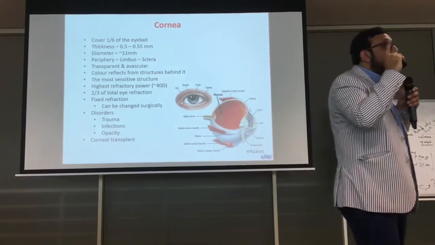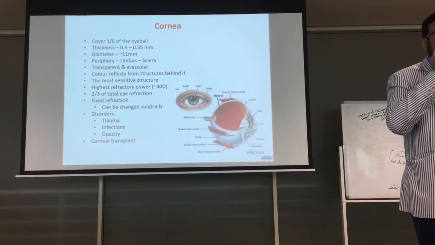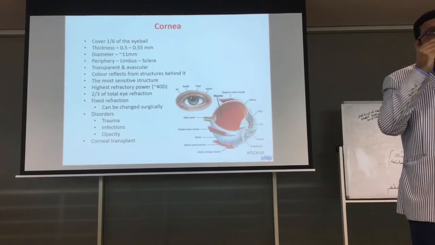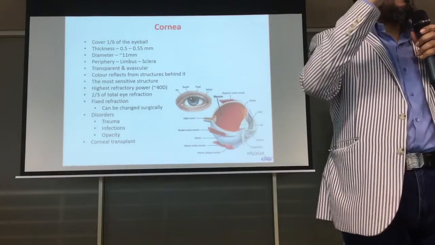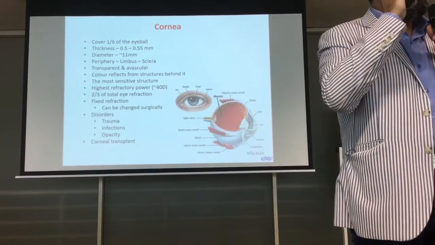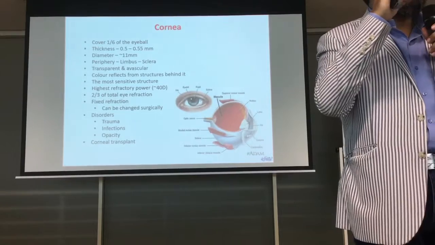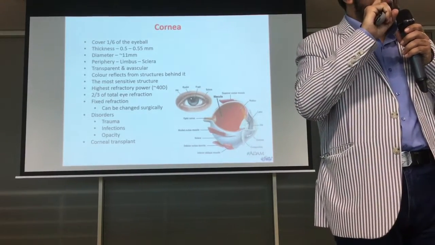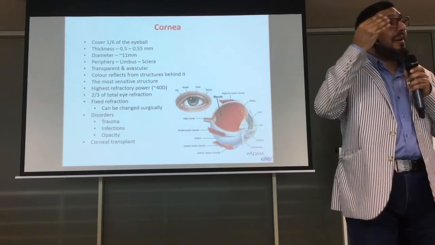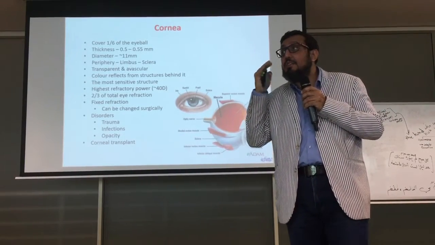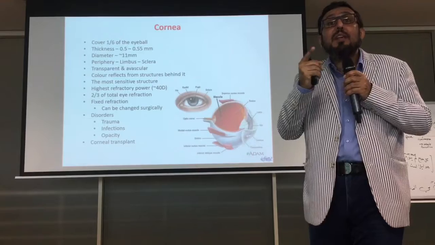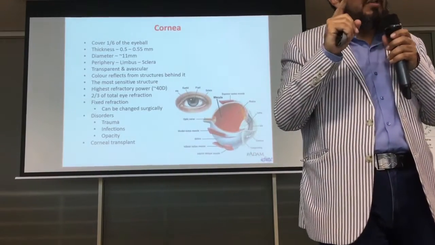Number one, what is the density difference between the two mediums? If the light is moving from air to the cornea, there is a huge difference of the densities. That's why the refraction will be maximum at this point. Beyond, you have the aqueous humor, and the difference between the aqueous humor and the lens is not that much. That's why the refraction will not be that much.